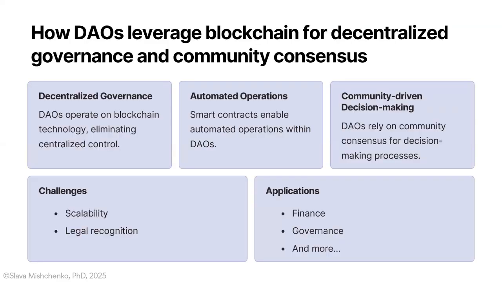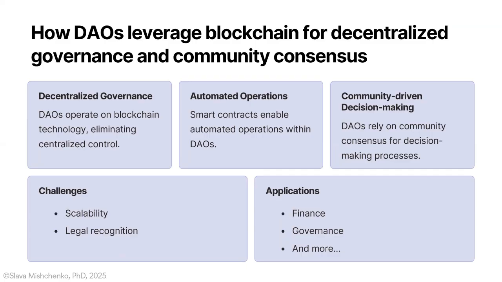And now I want to introduce you to one of the most revolutionary applications of blockchain technology, which is decentralized autonomous organizations, or DAOs. And overall, in my view, this is where blockchain truly shows its potential to transform organizational structures.